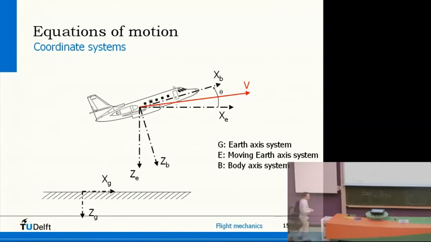Now, that is typically not the case, but as you see here, this is more a typical case. The airspeed vector is in fact slightly lower than the body axis, which means that the airplane has an angle with respect to the airflow. And this is what we call the angle of attack, alpha.